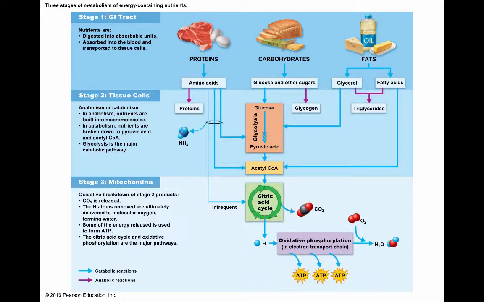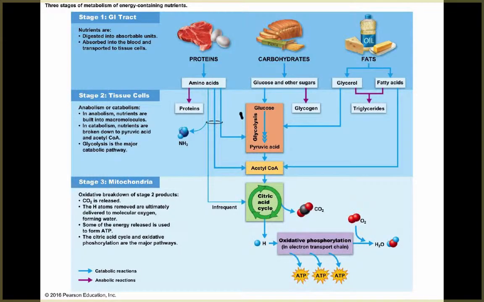And so, if you look at it here, cellular metabolism has a few different steps. The first step is glycolysis. The second major step is citric acid or Krebs cycle. And the third is oxidative phosphorylation. There is a step in here that's called the intermediate step that I always talk about as being an individual step, but most of the time they don't talk about it as being a step.